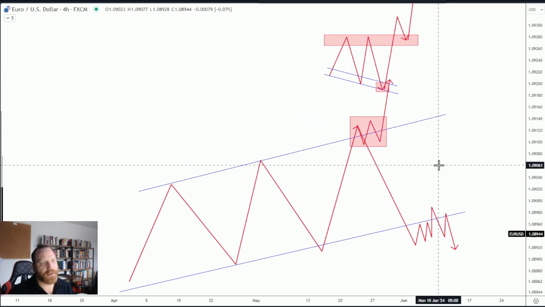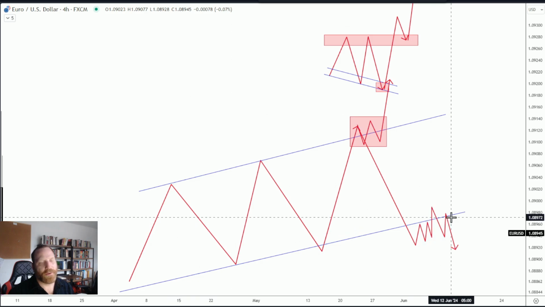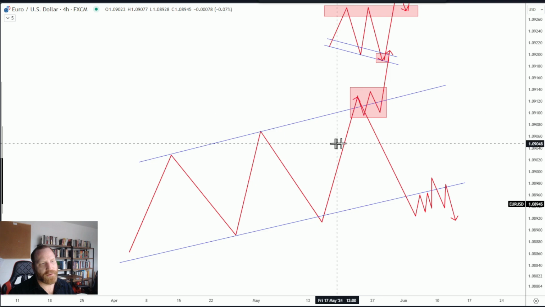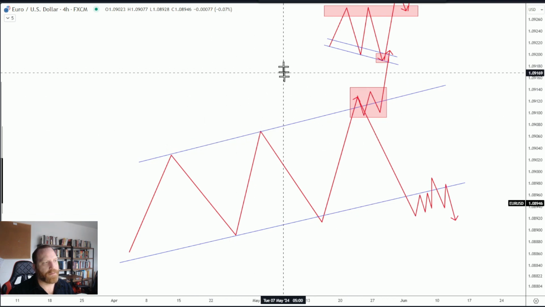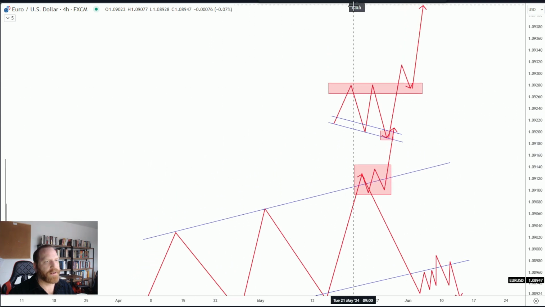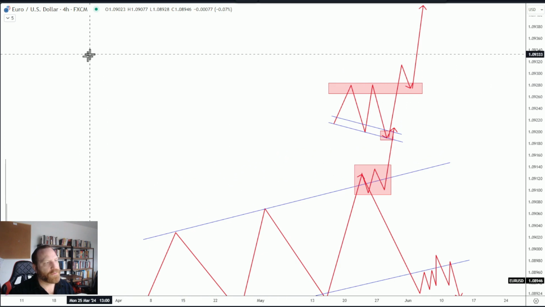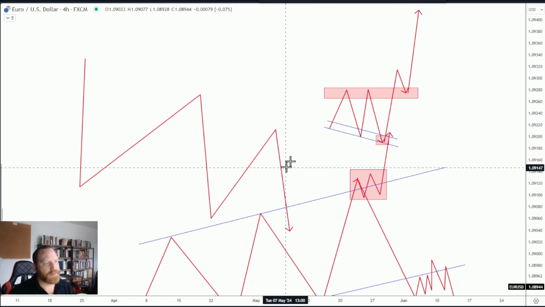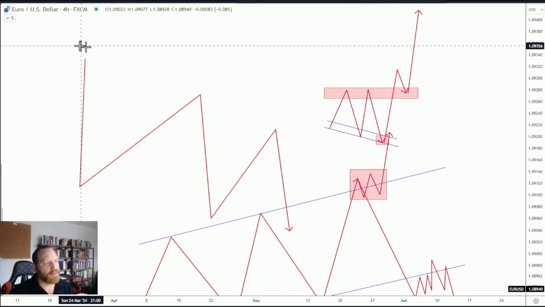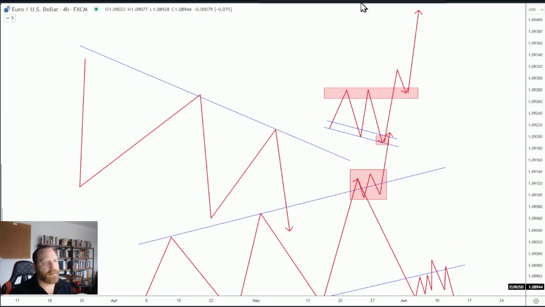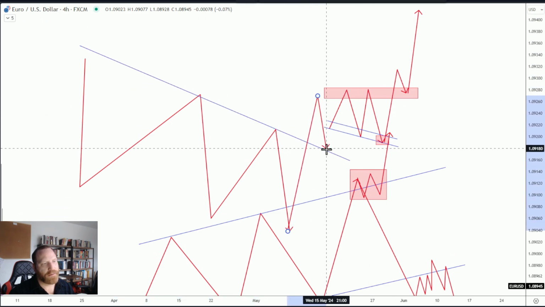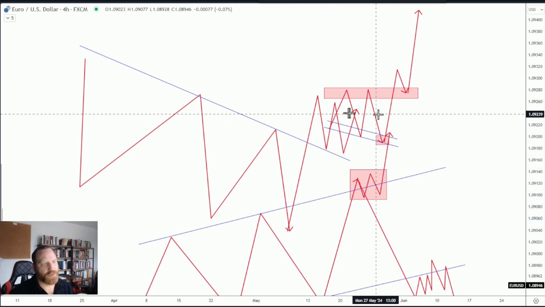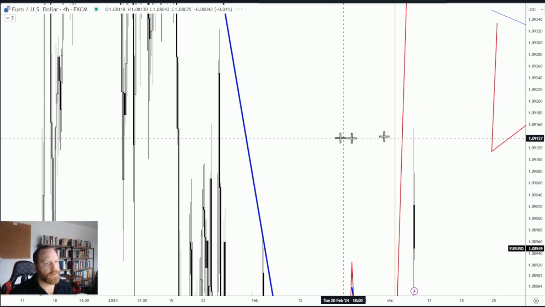So that's one setup, and it can take many shapes. Like I'm gonna show you this one related to the pound yen, but also the euro was doing like a downwards setup similar to this, and then from there it broke out and then started doing some accumulation here. So let's go take a look real quick.